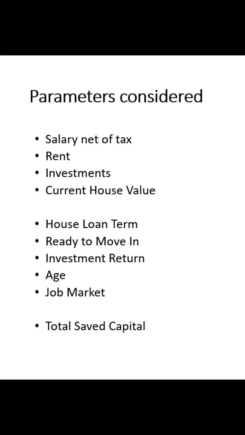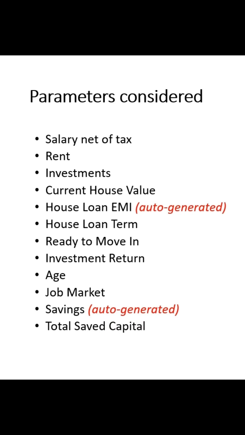Also house loan terms, which could be 10 years, 20 years, and 30 years, and whether it is ready to move in or not, investment returns other than real estate, age group of the prospective buyers, job market, assuming that the prospective buyer is salaried, and total saved up capital that the buyer may have. Remember, a little bit of this will also go towards down payment. Basis this, I further created 2 parameters, which were house loan EMI and savings rate.